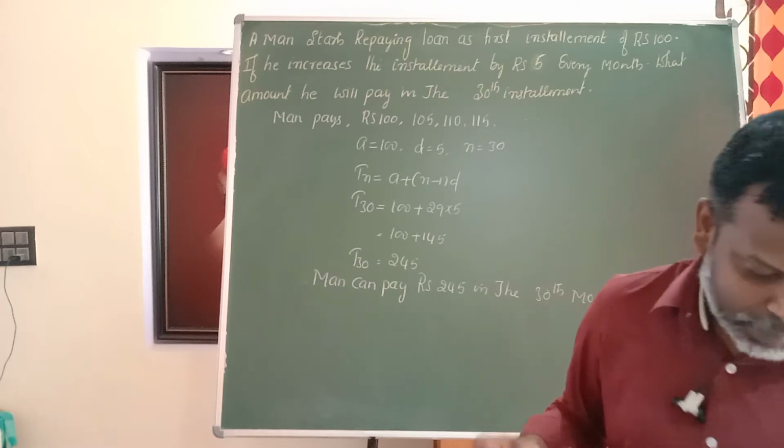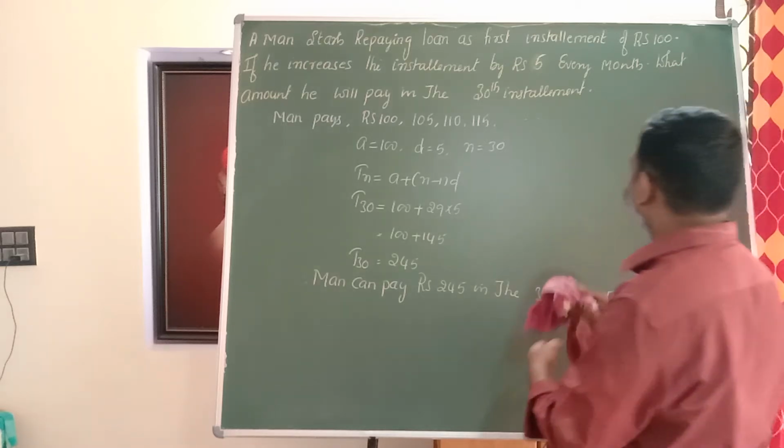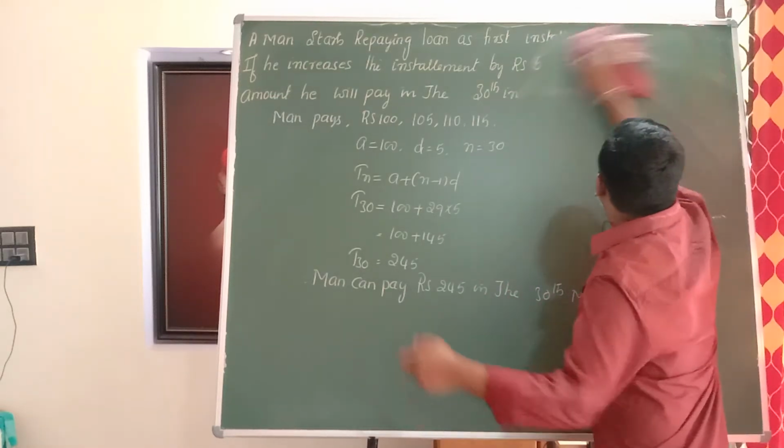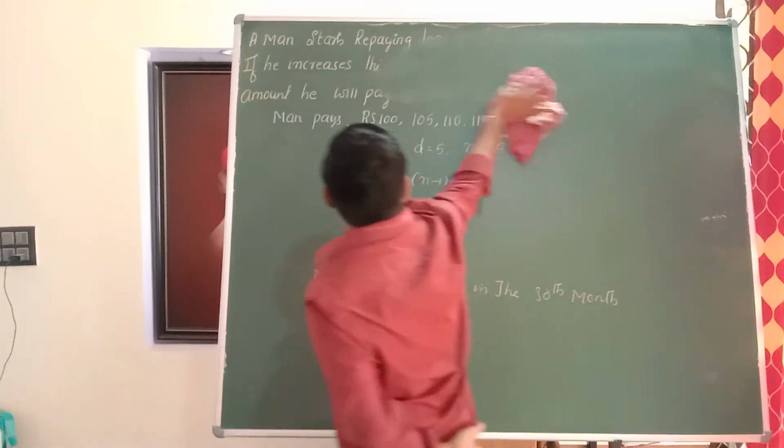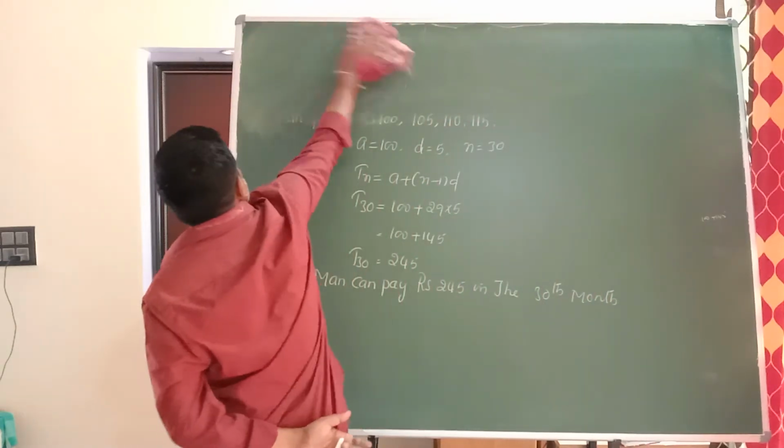The income of a person is Rs 3 lakh. Understand this question.